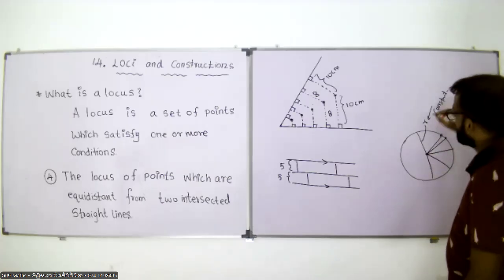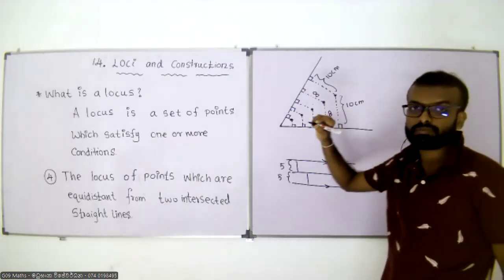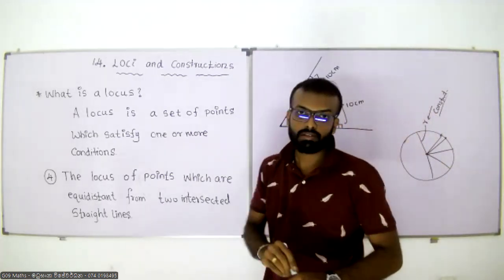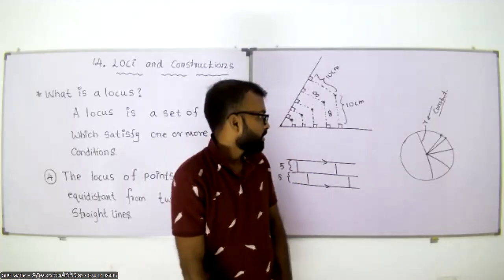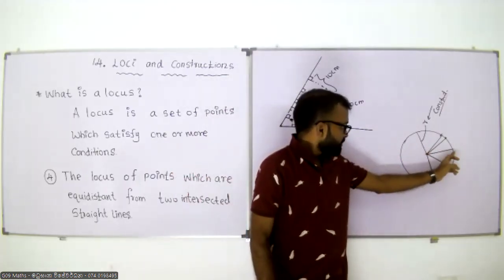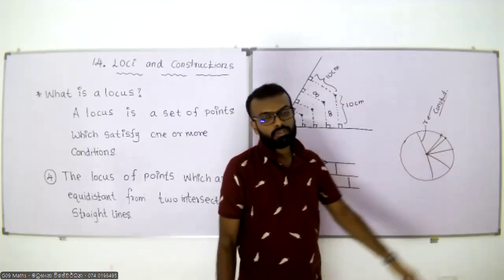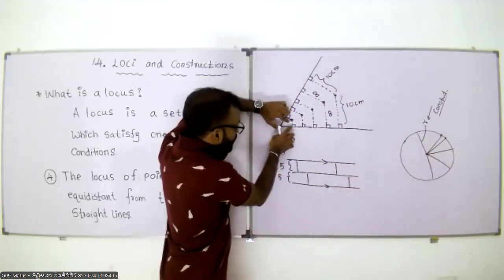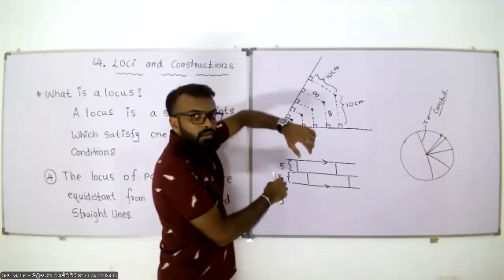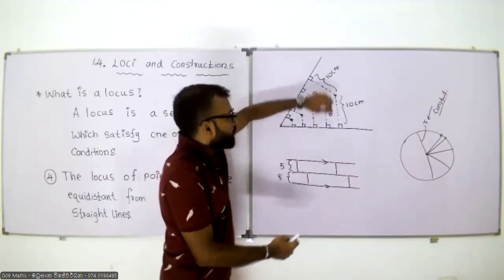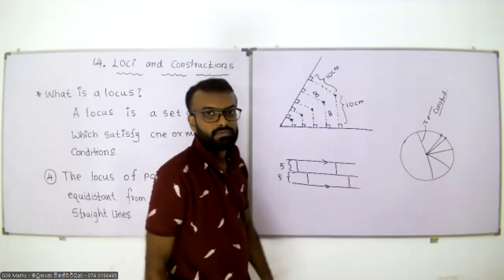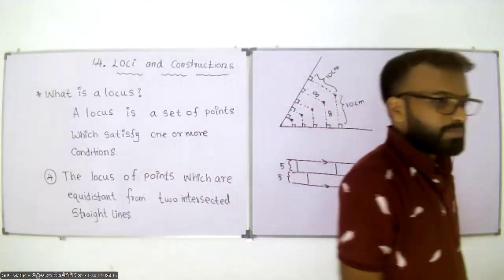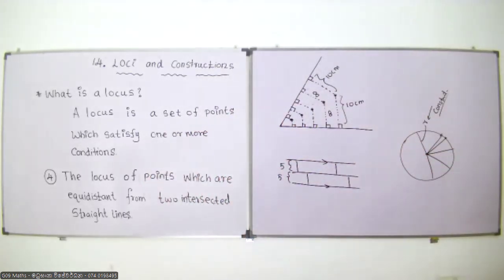That equal distance is constant. There is a little bit of difference. It varies. Equal distance but constant. Here, point to point, not constant. Within the point, constant.